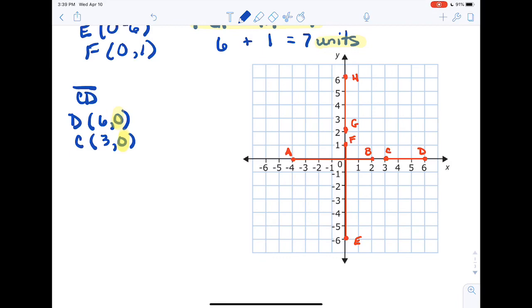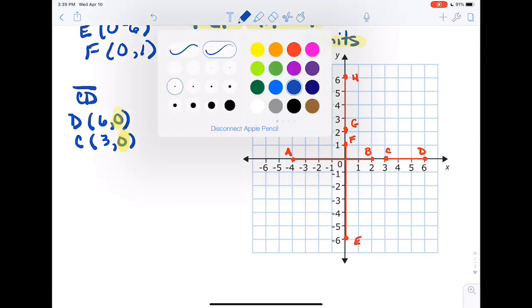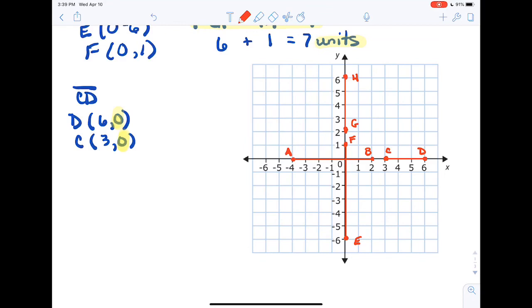We can also see, because they're both positive, that they're both in one domain here. Because of that, we need to subtract. As I said before, we cannot do this. Let's put it in red. We cannot say 6 plus 3. That is not going to work. Don't do that, because that would give you 9.